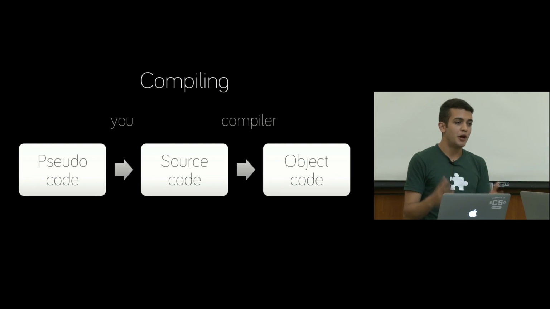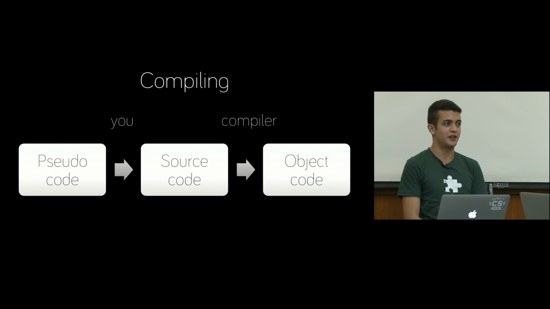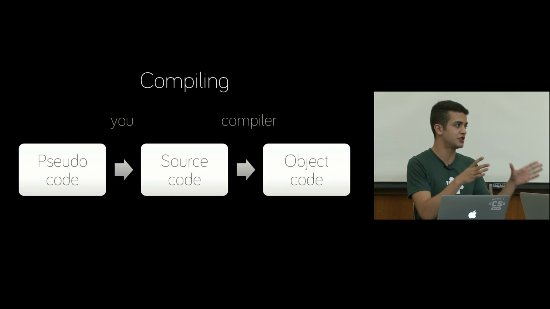So going from pseudocode to source code, it's up to you. It's basically you doing your program. But the problem is that the computer doesn't even understand programming language. It doesn't understand source code at all. It actually just understands zeros and ones. So we have this very magic thing called a compiler, which is going to get the source code that you wrote in a language that both you and your computer speak, and transform it into zeros and ones.